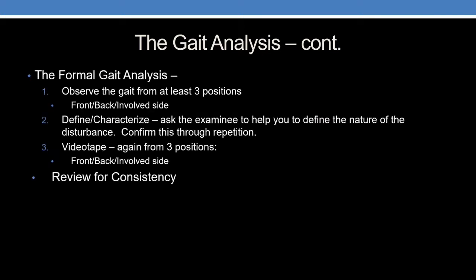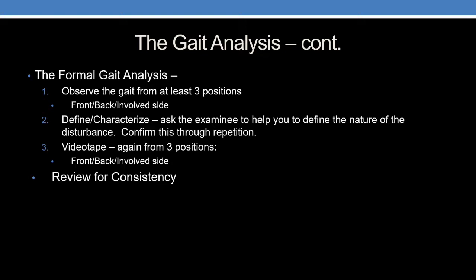Okay, so with the formal gait analysis, you want to observe the gait from at least 3 positions. Well, what 3 positions? From the front, from the back, and then from the involved side.